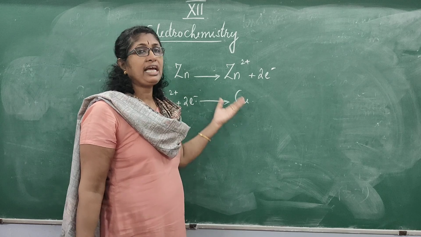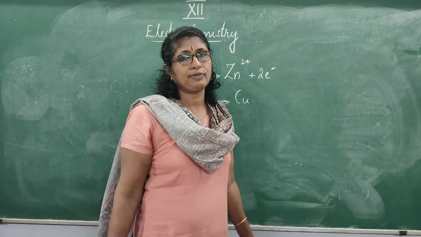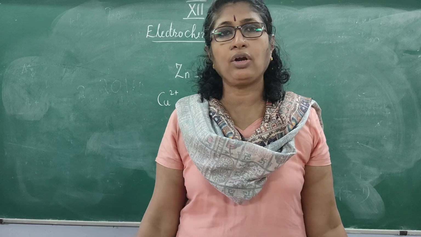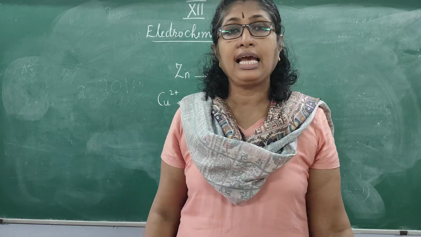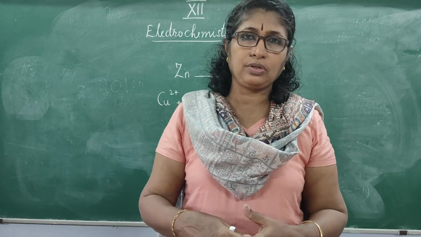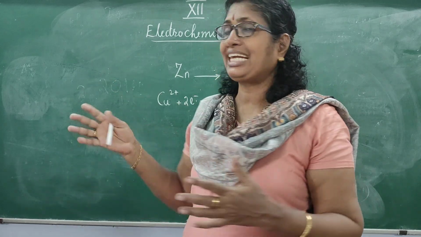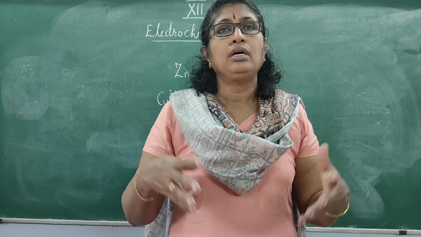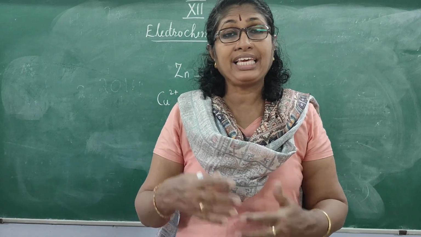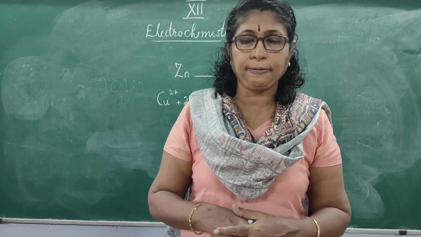So oxidation and reduction are in terms of transference of electrons. Zinc is oxidized to zinc ion by losing 2 electrons, and the copper ions are reduced to copper by accepting 2 electrons.